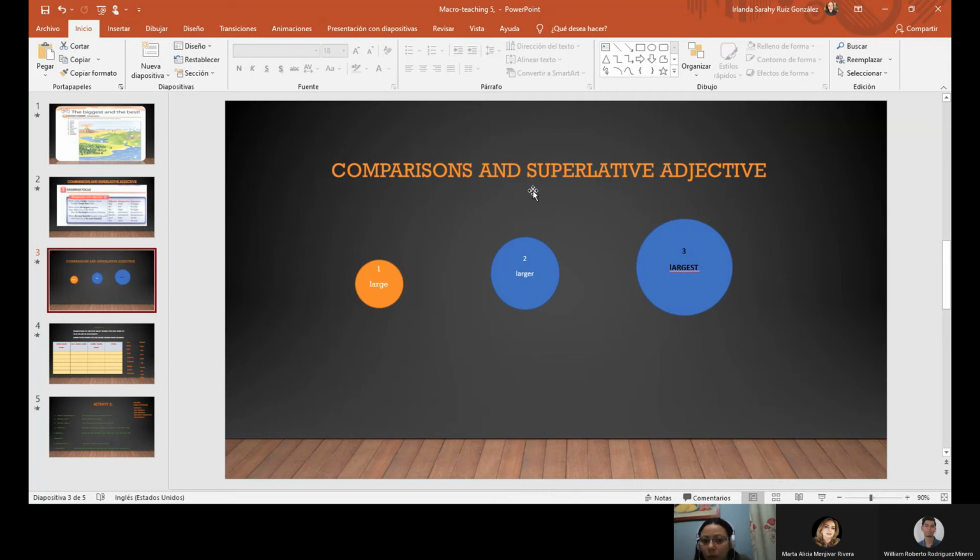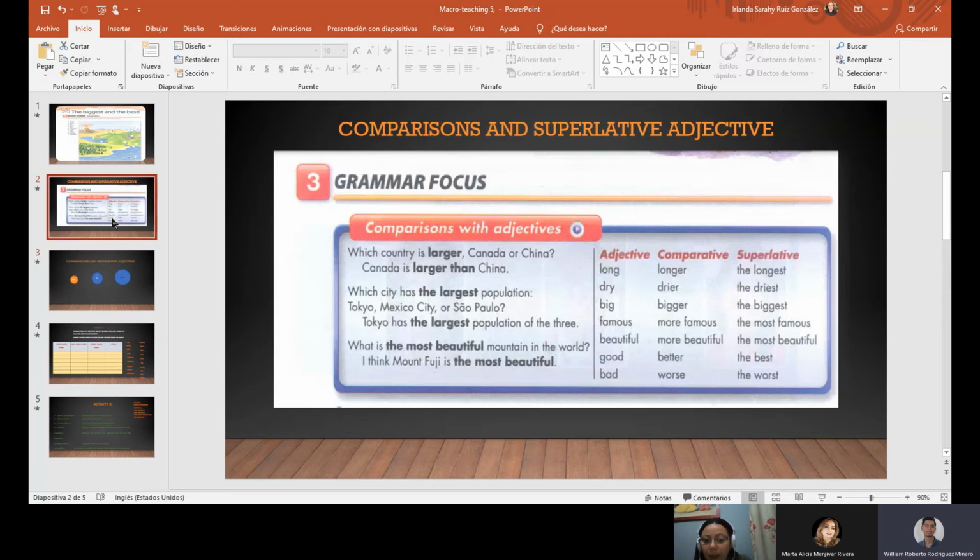Marta, the circle two represents a comparison. Perfect. And the circle number three, William, is a superlative. Perfect. And as we can see, -est.